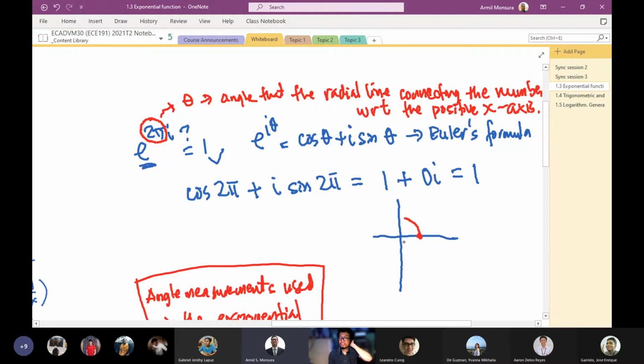Anyone? Kung ang angle measurement niya ay 2 pi, sa degree measurement, saan equal ang 2 pi radians?